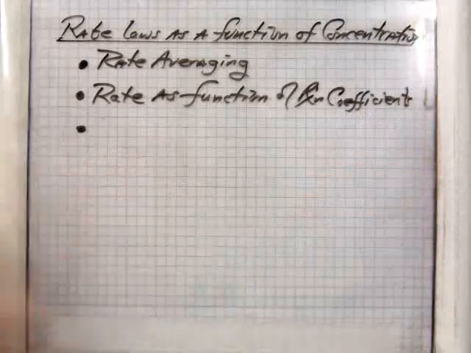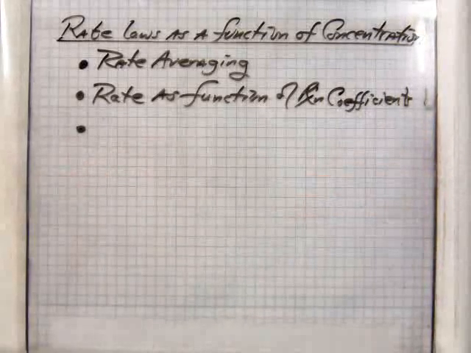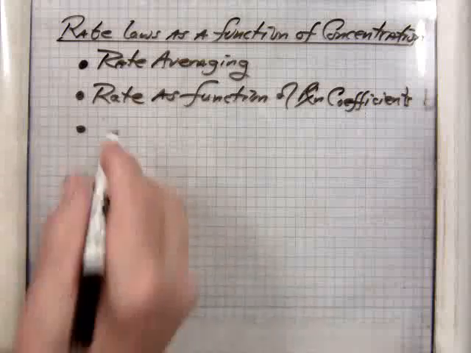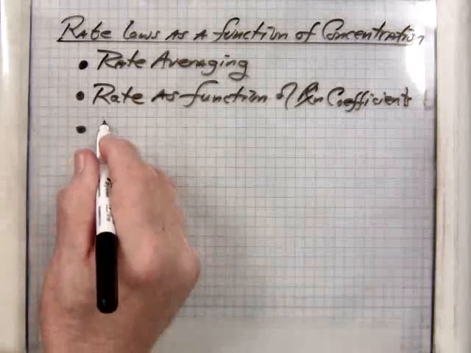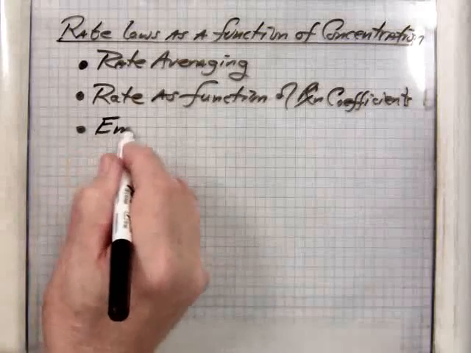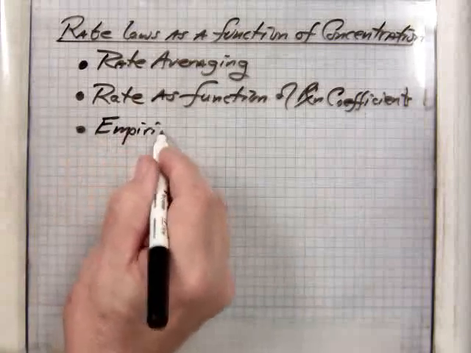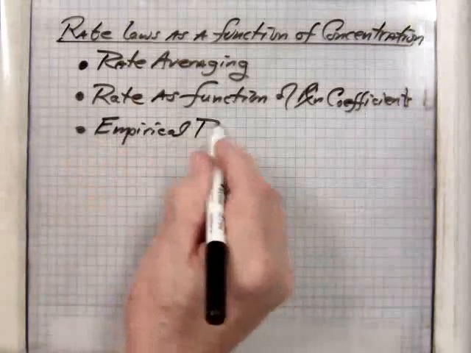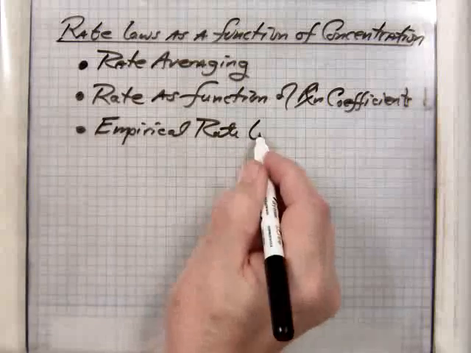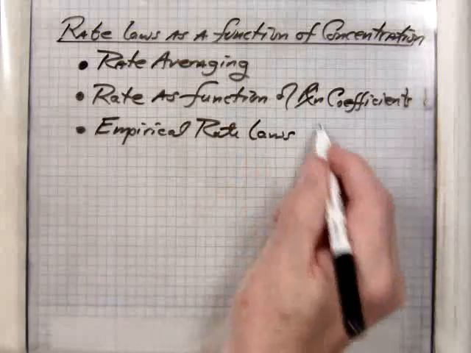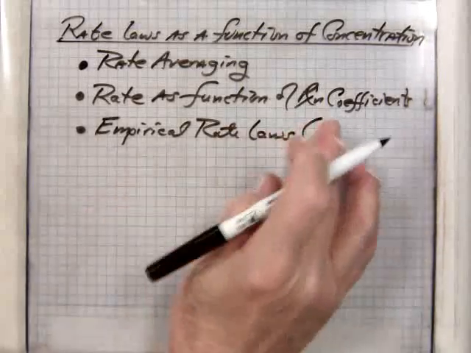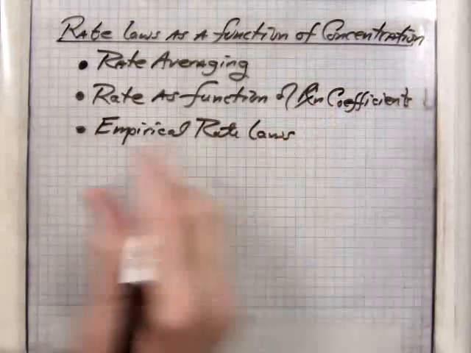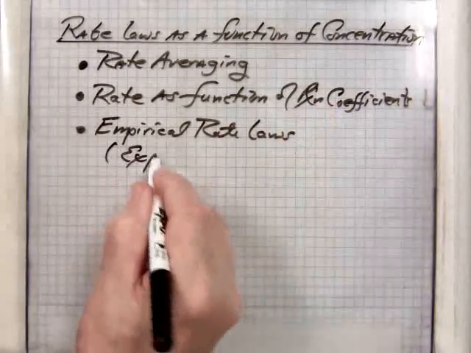Then we have what we call the empirical and numerical rate laws. Or you might call them experimental rate laws.